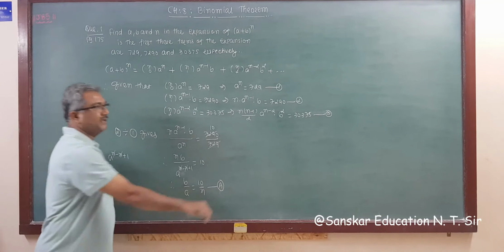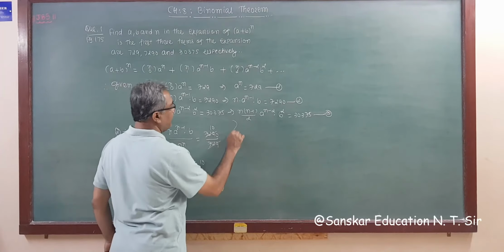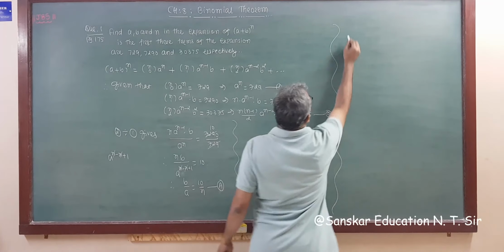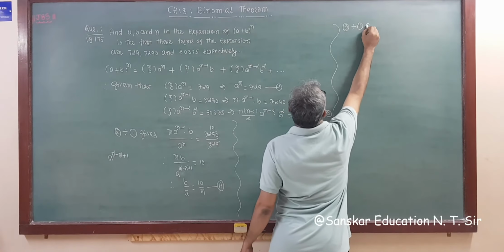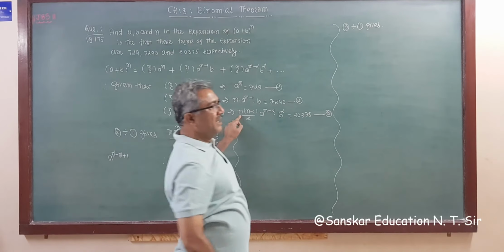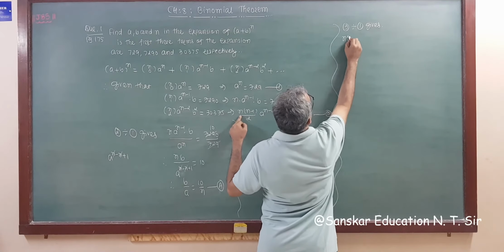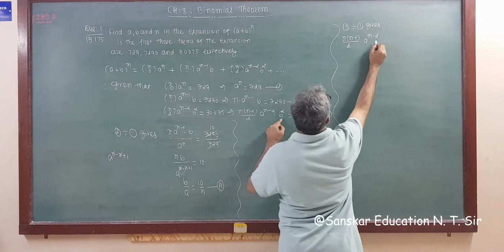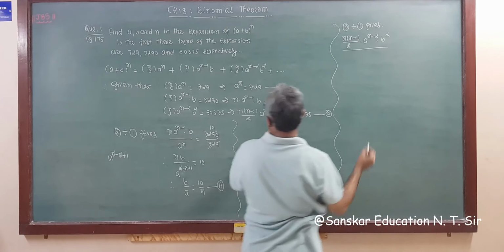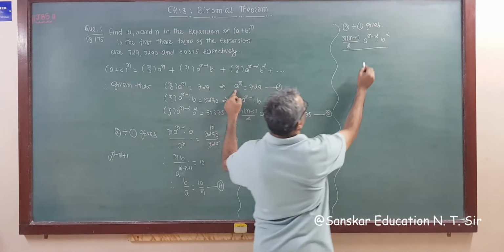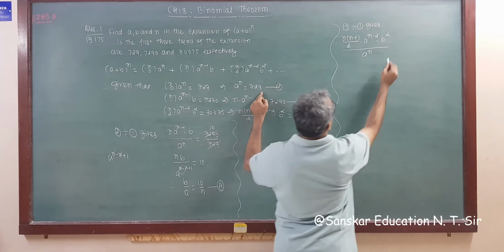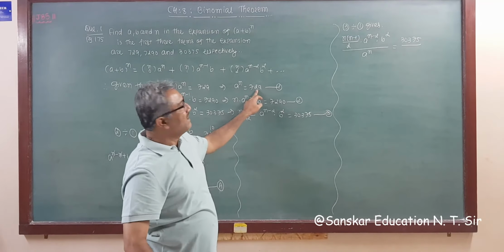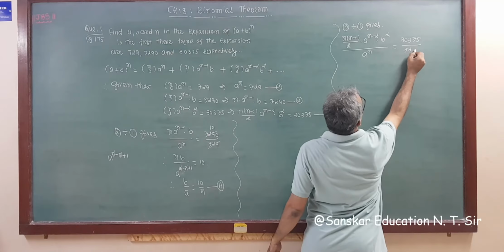Now similarly, dividing 3 by 1. This gives nC2, that is n into n minus 1 by 2, into a raised to n minus 2 into b square, divided by a raised to n, is equal to 30375 upon 729.